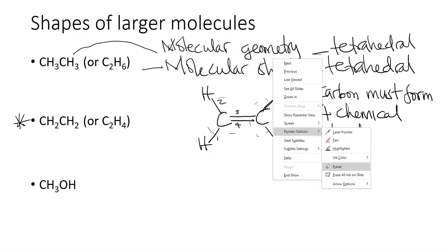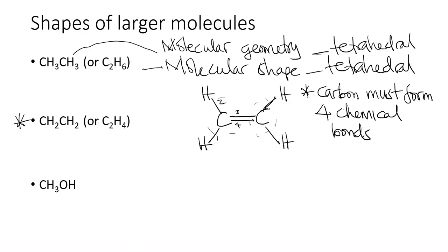So we need to take note that carbon usually forms 4 chemical bonds. If you feel that the chemical bonds are not enough, you can have a double bond or a triple bond.